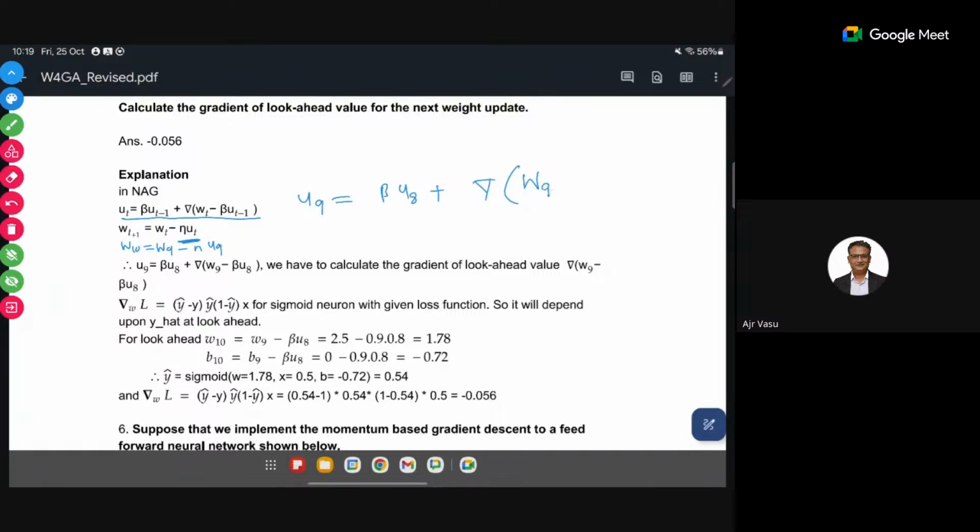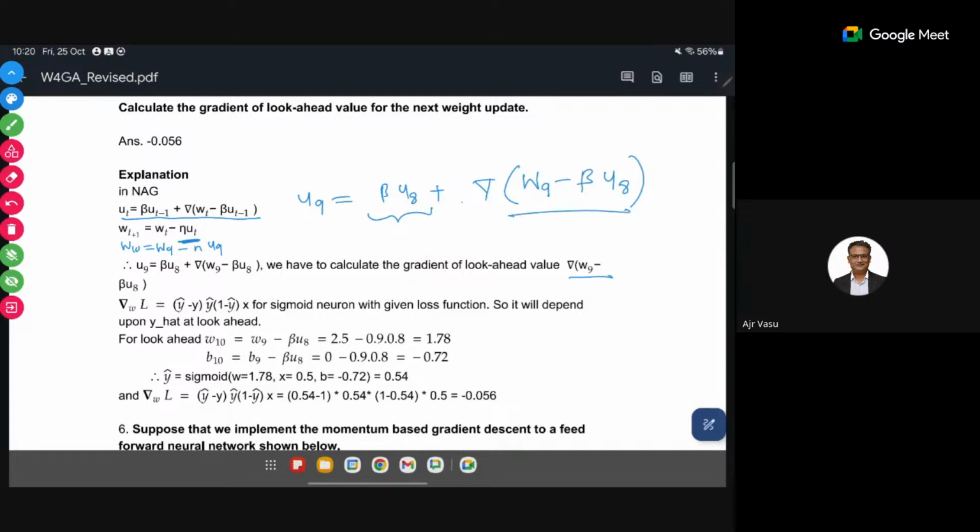So W9 minus some beta times U8. So you're saying U9 was never recomputed. It directly went to W10. We have to calculate the gradient at the look ahead. This is my shift, this is my look ahead, and here I'm taking the gradient.